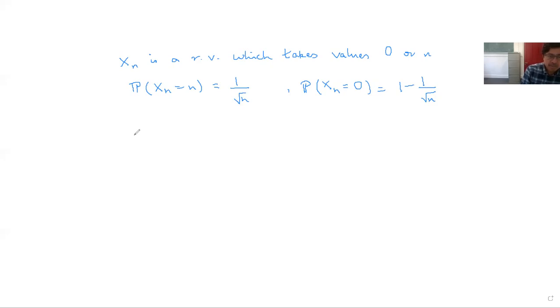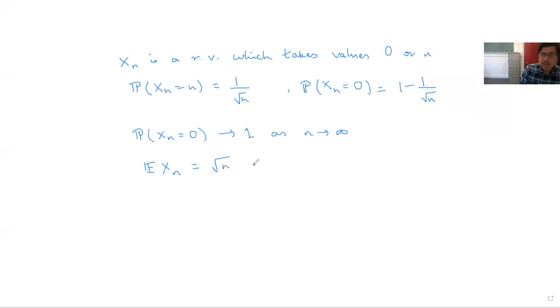Now, clearly, the probability that Xn is 0 tends to 1 as n goes to infinity. And we say in this case that the sequence of random variables converges to 0 in probability. But what's the expectation of Xn? It's 1 over square root n times n, which is square root n.